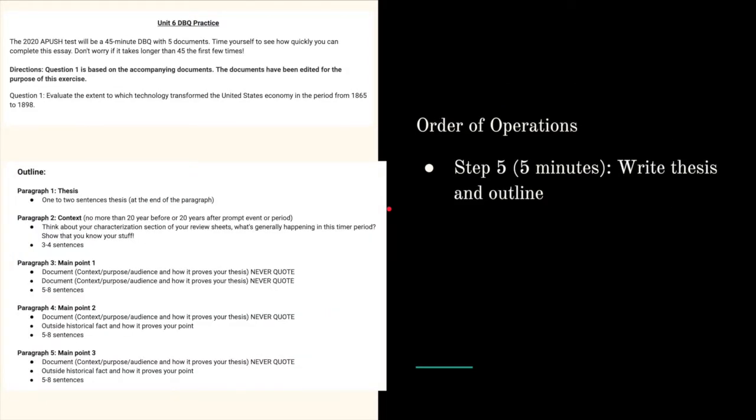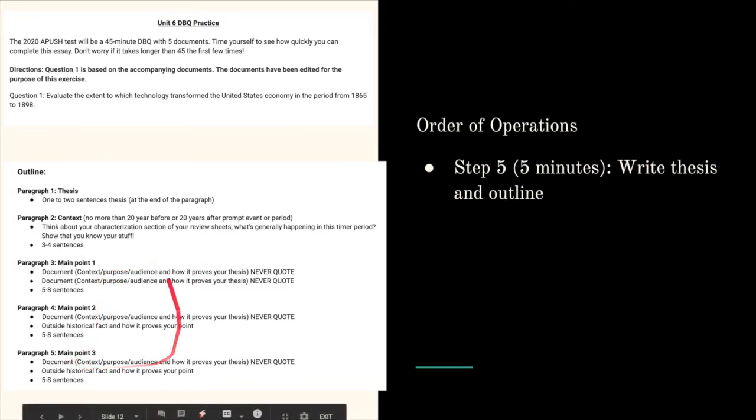Now, step 5, write your thesis and start your outline. This is typed, okay? So just take a look at this outline. We'll go over this more specifically in a second here, but just start writing this outline right here, okay? Just start slamming out a thesis, get some information or some context, get those documents paraphrased in here.